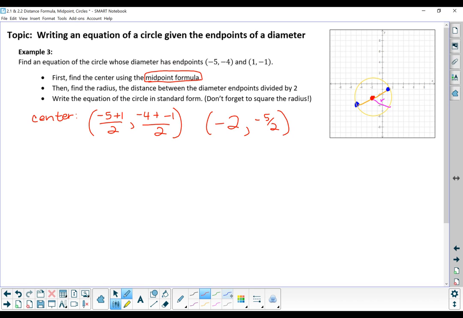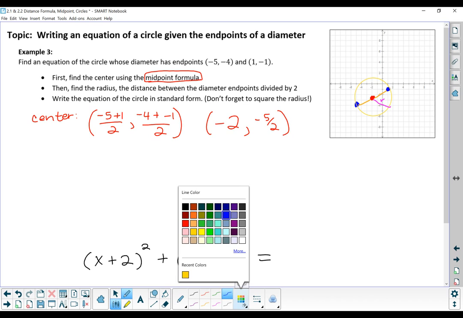All right, so we know the center. So we could, in theory, write the first part of our circle equation. It's going to be x plus 2 squared, and we're going to add y plus 5/2 squared. Now to finish it up, we have to know what the radius is. To find the radius, we are going to use the distance formula.